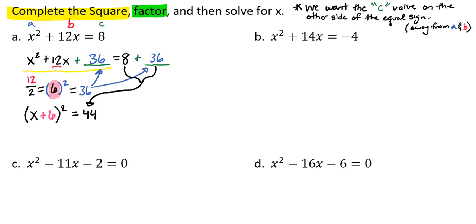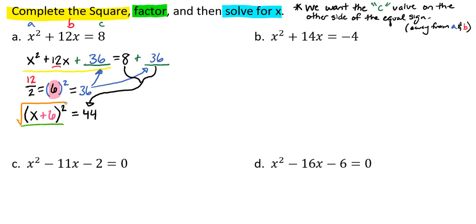And so now we've written it factored. So this is it factored right there. Okay, so we're in factored form there. But now we're not finished, because now we're going to solve for x. So what we need to do now is get the x by itself. The first step is going to be to get rid of that square.